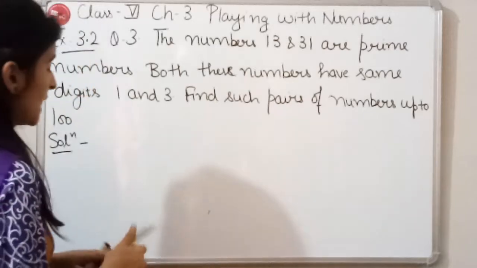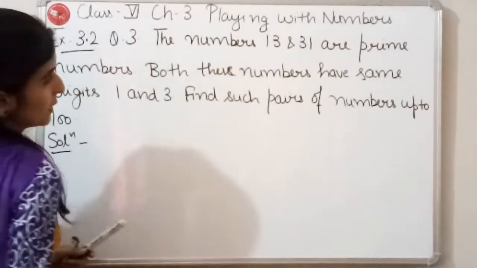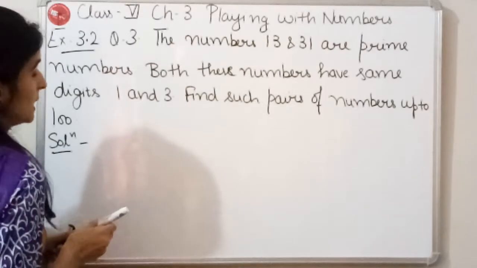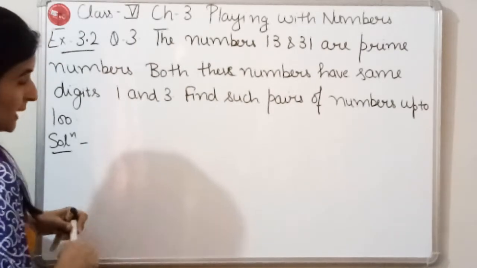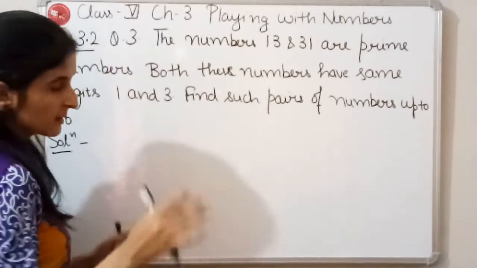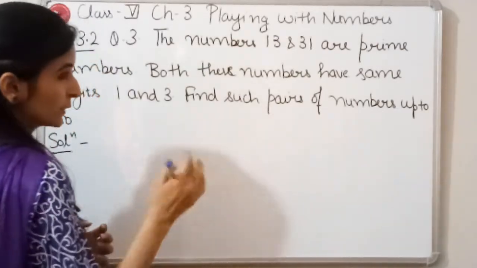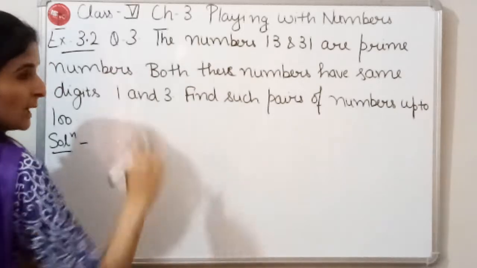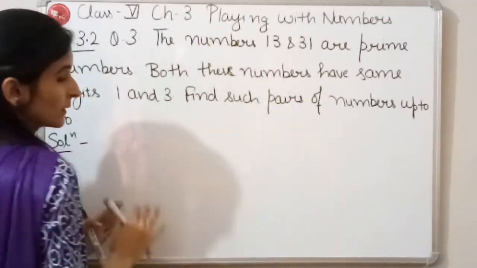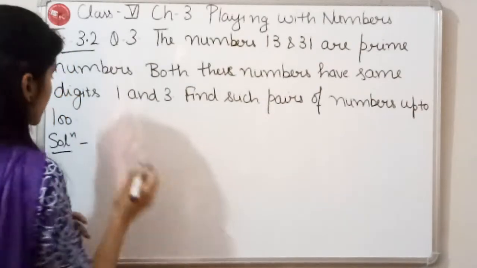So let us start finding the pairs of numbers up to 100. Firstly we have to write down the prime numbers up to 100, then only we can write the pairs of numbers. I am not going to write till 10 because it is given till 13. So we will start writing from 13.